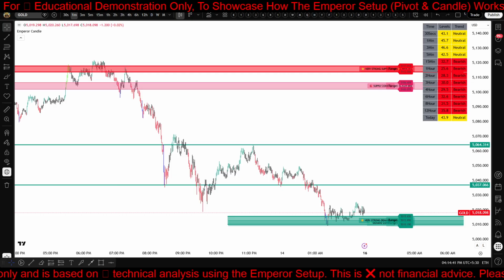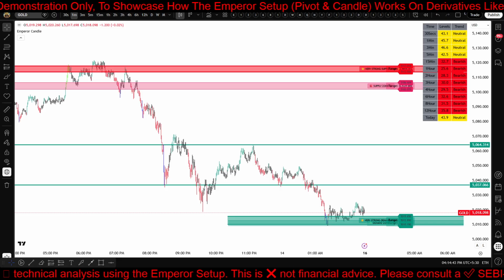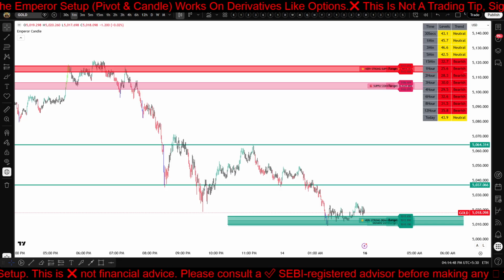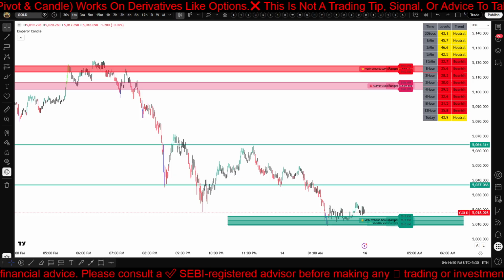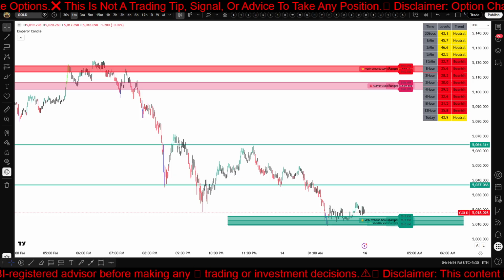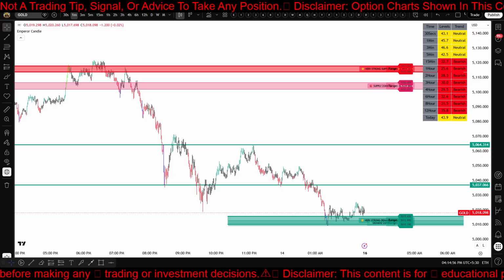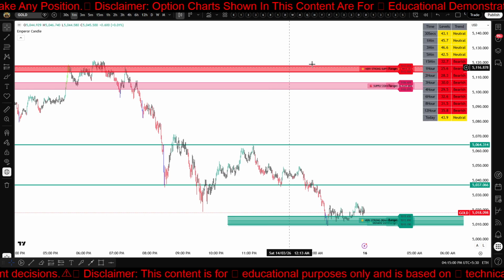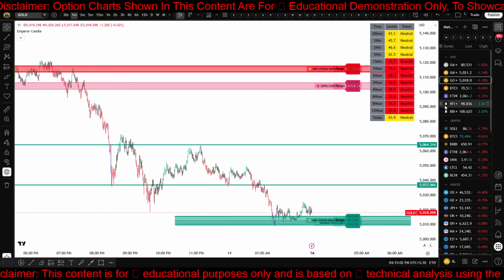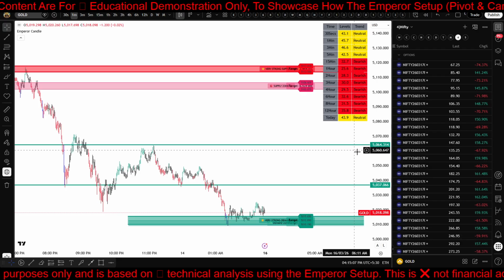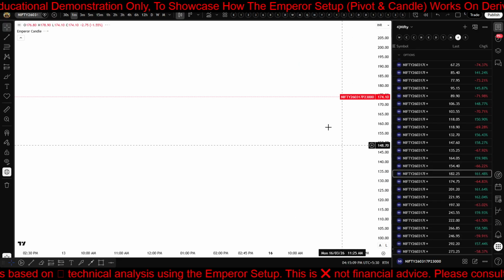After that, rule number 7: when the market move is above all four zones, it means sometimes the market becomes extremely bullish. So price can move above the very strong demand zone, the demand zone, and the support zone. For example, I will show you Nifty options because there is no such chart right now.